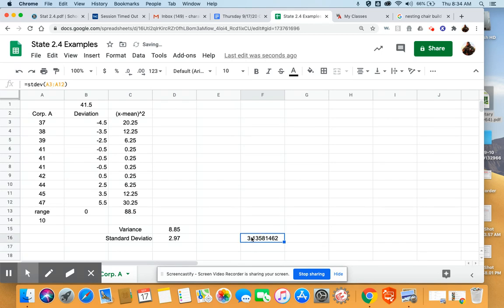Very close. Very close. And I think I know the difference. I think what they probably did was calculate a sample standard deviation, not a population standard deviation. Over here, we did a population.